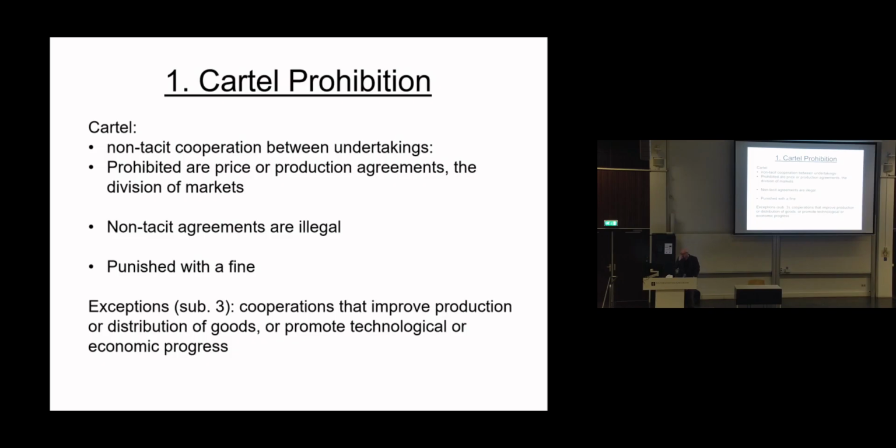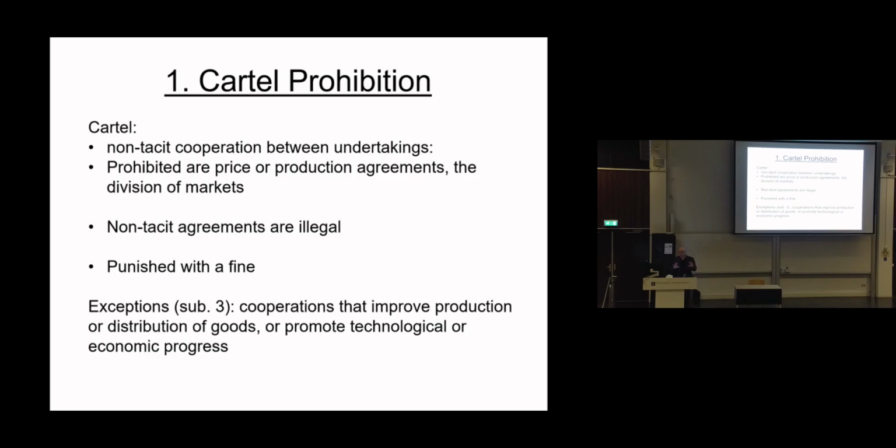Let's look into these 5 fields in a little bit more detail. Cartel prohibition. A cartel is basically companies working together, tacitly or non-tacitly, and they make agreements, they divide the markets, and they prevent prices from going down.